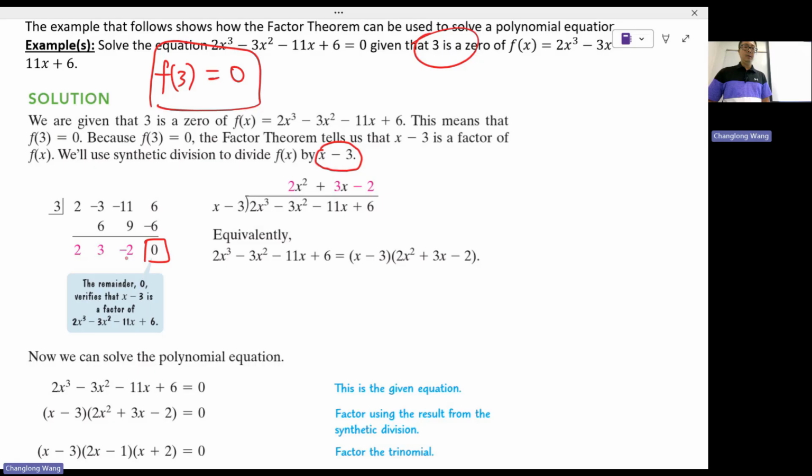So now you're getting a trinomial, 2x squared plus 3x minus 2, and that will be whatever is left over if you were to take out a factor of x minus 3, and that x minus 3 is guaranteed to be a factor.